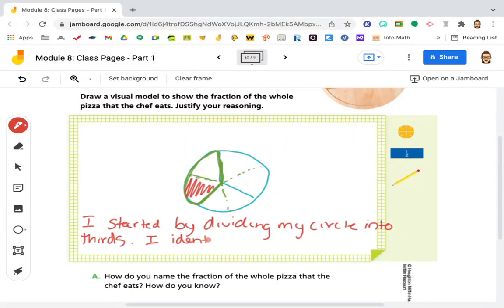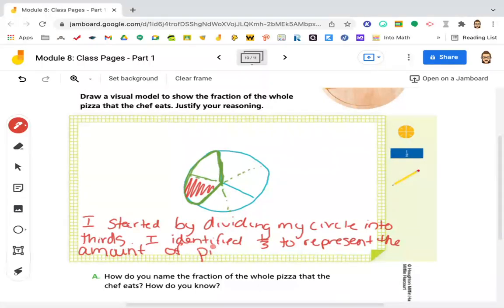I identified 1/3 to represent the amount of pizza left over.